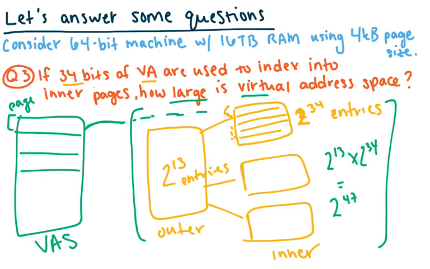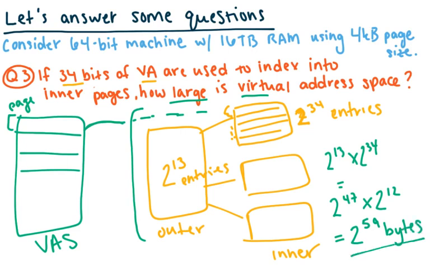We know the page size is 4 kilobytes, which we've already done a bunch of times. We know that's 2 to the 12th. And this is going to be 2 to the 59th bytes. All right, so that's going to be the size of the virtual address space.